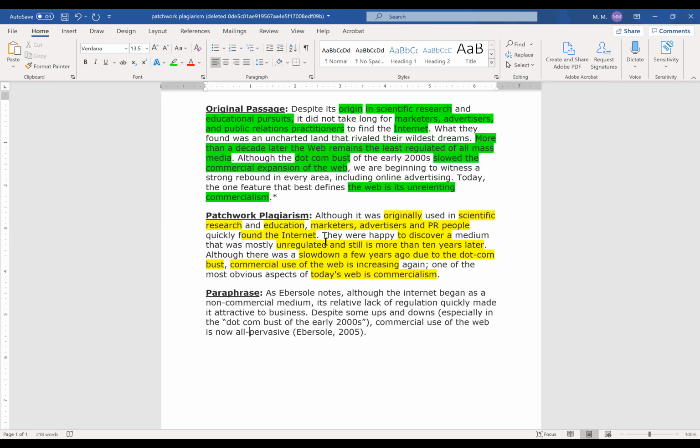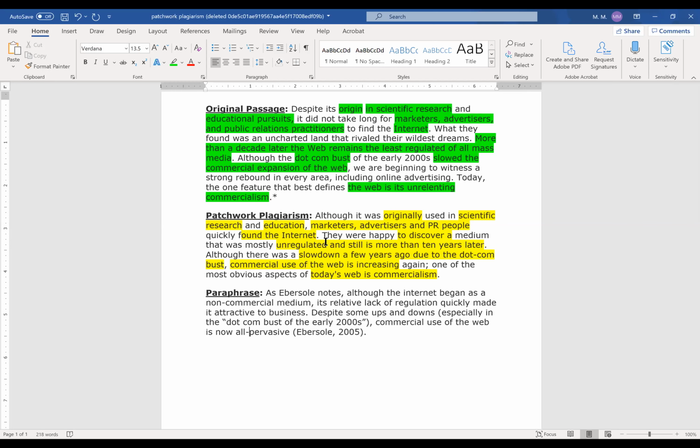When you try and paraphrase while you're looking at or reading the original source, it is so much easier to patchwork plagiarize. So if you don't understand what the source is saying, that's another problem. You're like, well, I don't know how to paraphrase it. I don't know how to say it in my own words. That may indicate to you that you don't really know what the source is saying. So you need to read it again and try to say it in your own words.